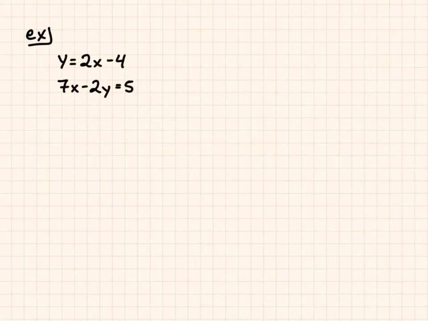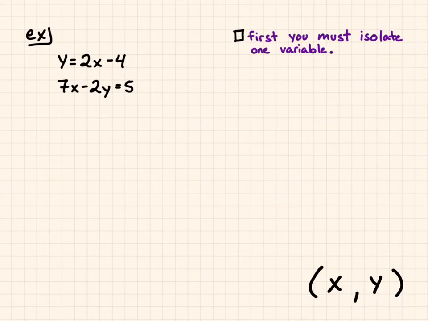Next example is y equals 2x minus 4. And the second equation is 7x minus 2y equals 5. So I put this x comma y there just to remind myself that I'm solving for this coordinate. First I'm going to isolate my one variable.